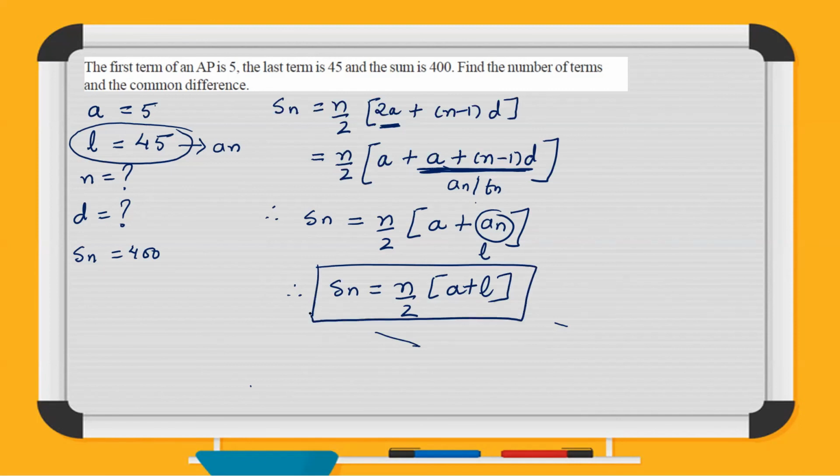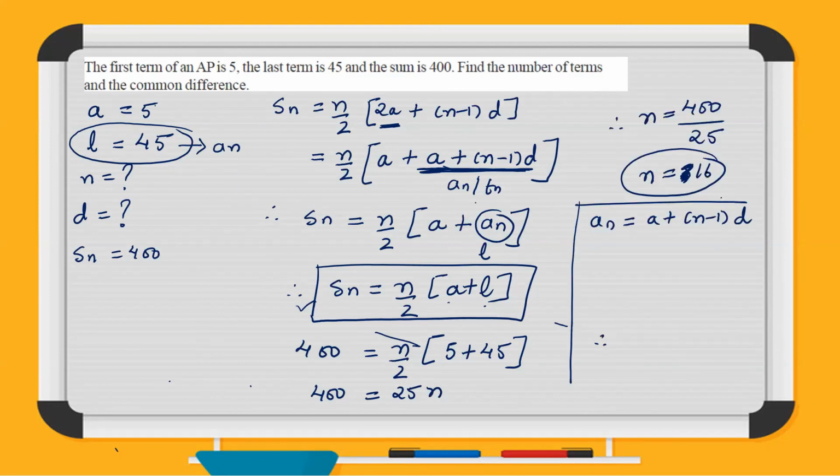By using this formula directly, you can find out n, because Sn is given to us, and we have a and l, the first term and last term. So now just substitute the values. Sn is 400, equal to n by 2 in bracket 5 plus 45. 5 plus 45 is going to be 50. 50 divided by 2 is 25. So 400 is equal to 25 n, and n is equal to 16.